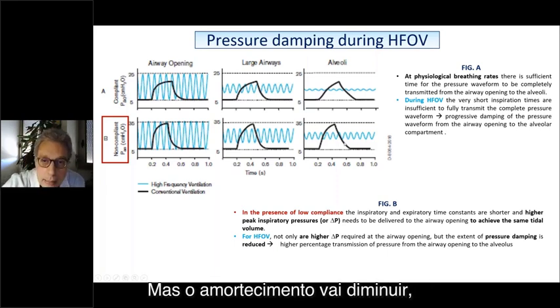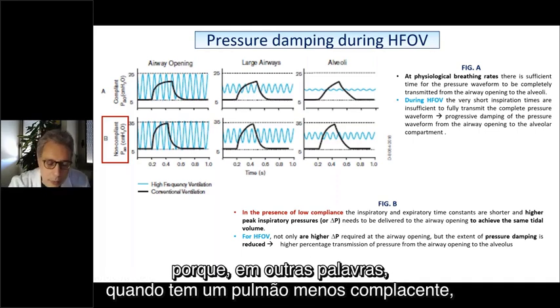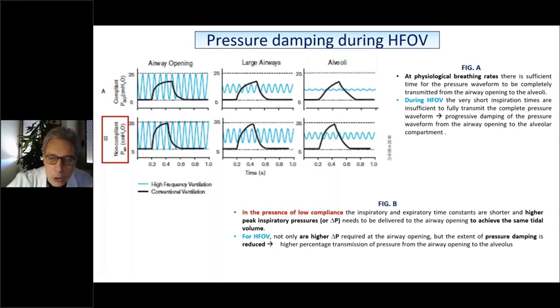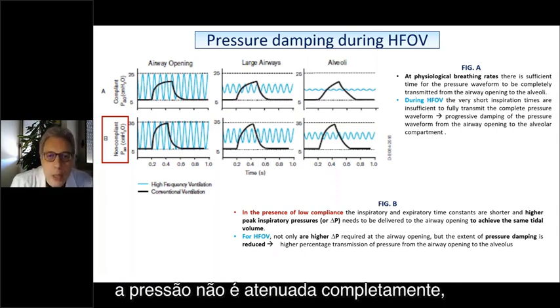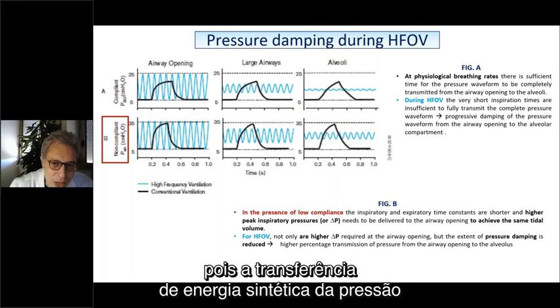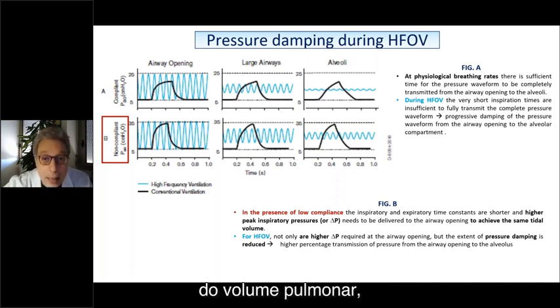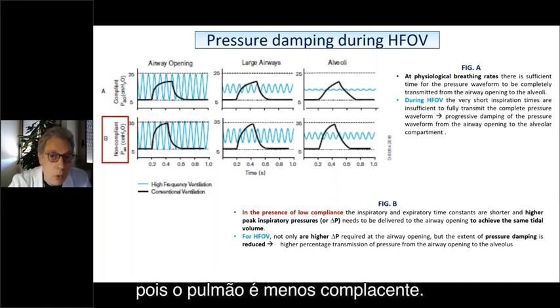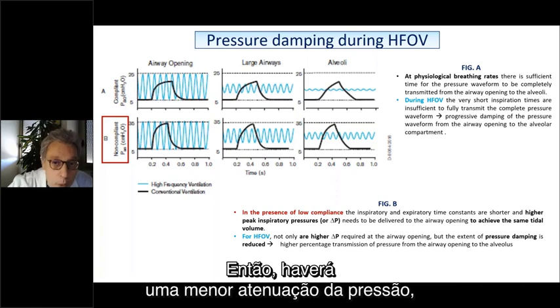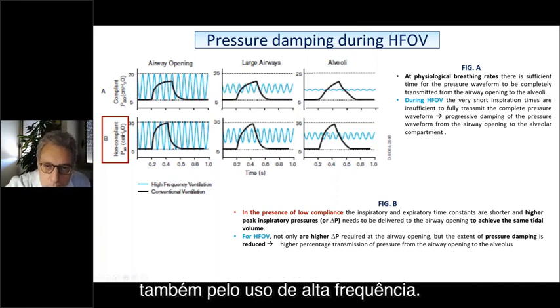But you see that the damping will be reduced because, in other words, when there is a less compliant lung, the pressure will not be attenuated completely, because the transfer of the kinetic energy of the pressure will not be responsible for the simultaneous lung volume expansion, because the lung is less compliant, and then there will be a lower attenuation of the pressure, also by using high frequency.